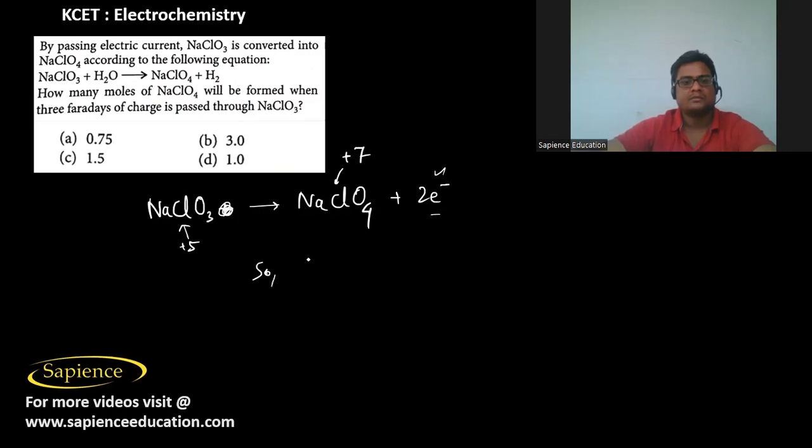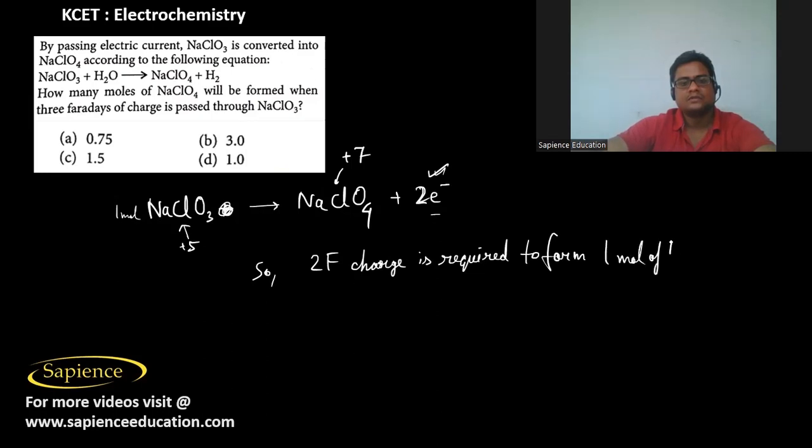So it means that 2 Faraday charge, or 2 moles of electrons, is required to oxidize 1 mole of NaClO3 to 1 mole of NaClO4. So 2 Faraday charge is required to form 1 mole of NaClO4.